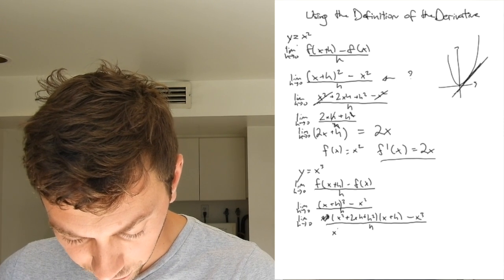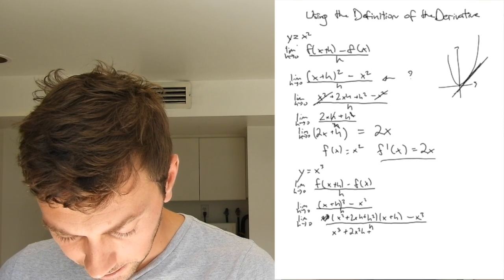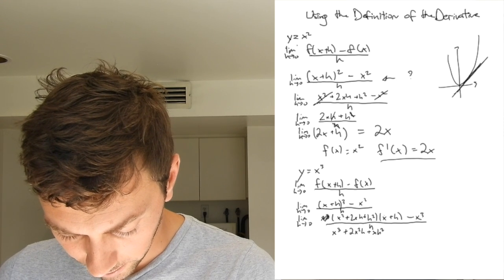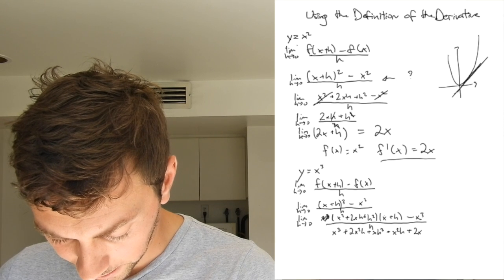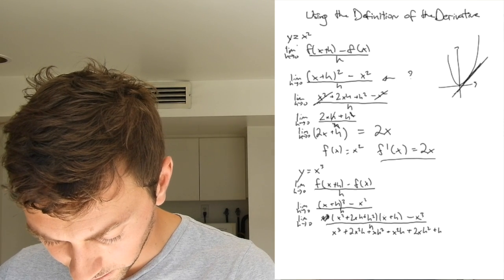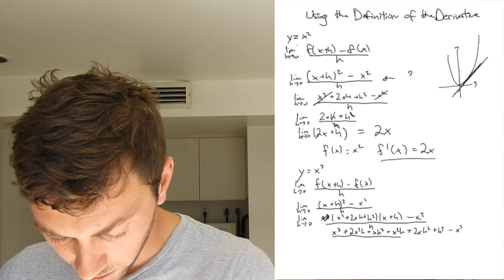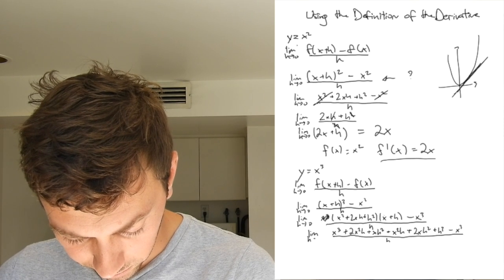So I get x cubed plus 2x squared h plus xh squared, that's that part. Now I do the other part, plus x squared h plus 2xh squared plus h cubed, minus x cubed, all over h. And remember, it's the limit as h goes to 0.